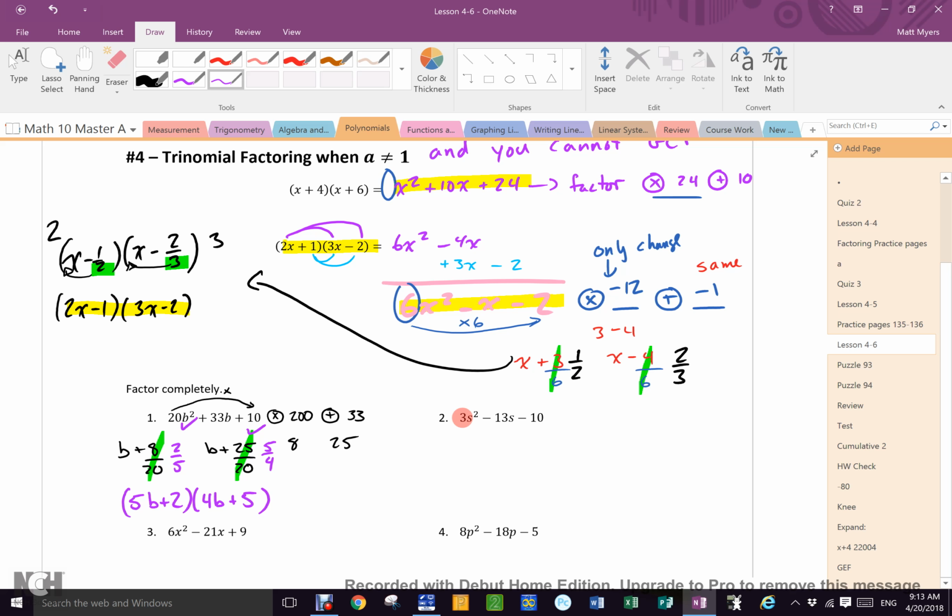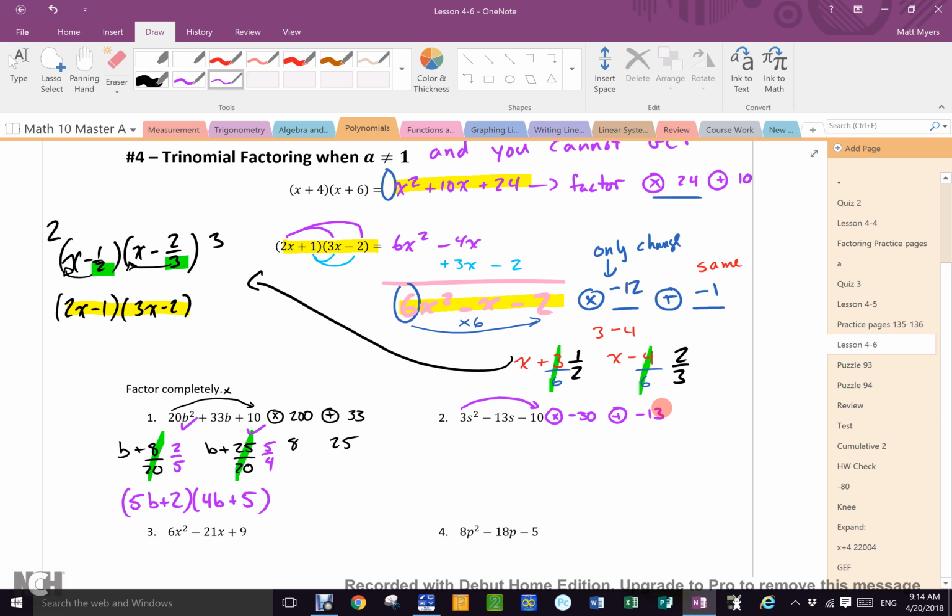So let's start. Since it's got to be 3 times bigger, what do I have to multiply to? Minus 30. What do I have to add to? Negative 13. Is it 1 and 30? Is it 2 and 15?